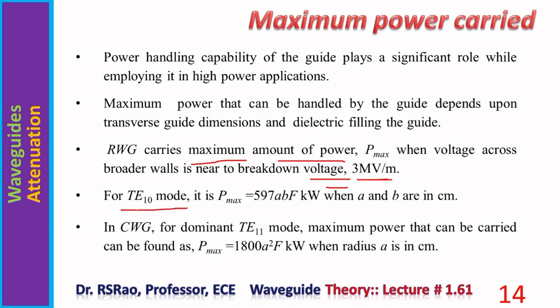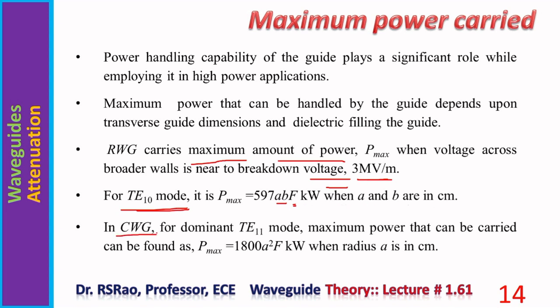For TE10 mode, the dominant mode, maximum power that can be handled can be found as 597, or roughly 600 abf kilowatts. a and b are the inner dimensions of the rectangular waveguide, f is the factor we have come across several times. Here a and b are in centimeters.